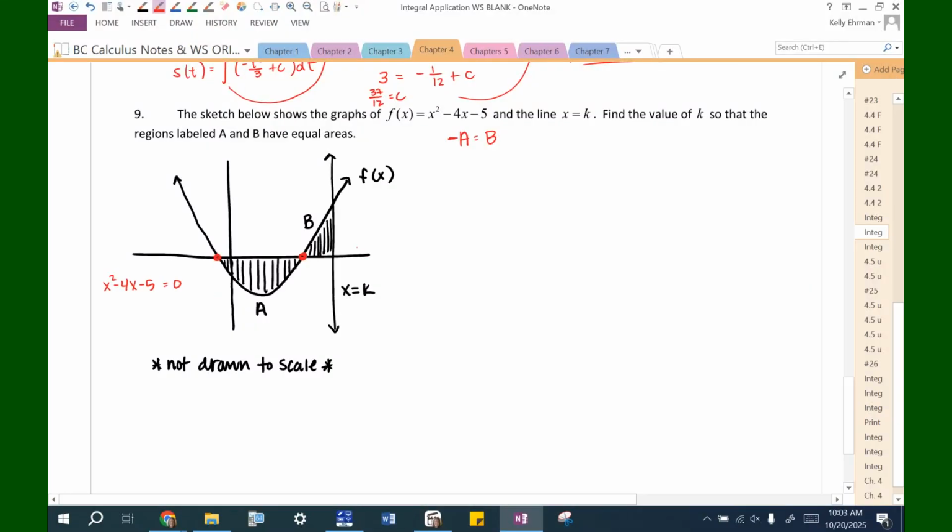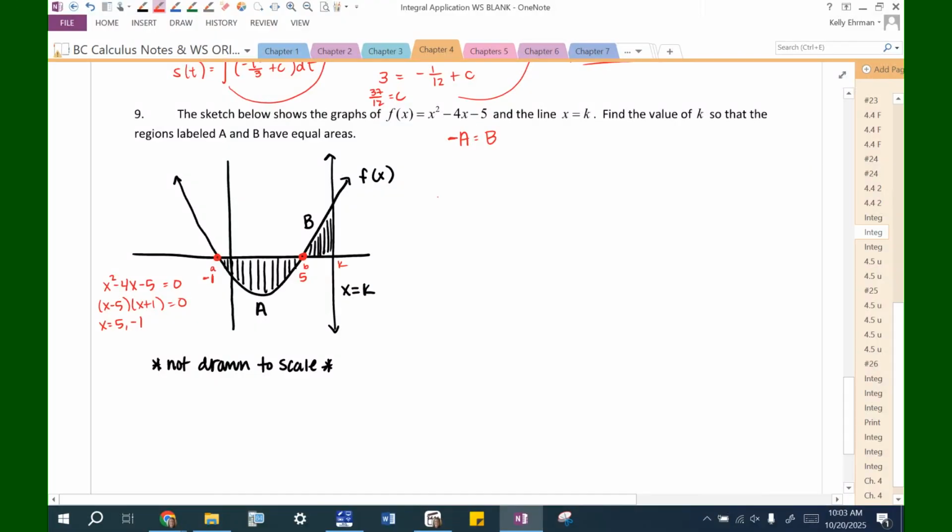Because I would like to set this up. I don't want to have three unknowns. I don't want to have A, B, and k as the unknowns. All right, so this factors into x minus 5, x plus 1. So x equals 5 and negative 1. So this is negative 1, this is 5. Okay, that helps. And then k, we don't know. It's 5 plus something.